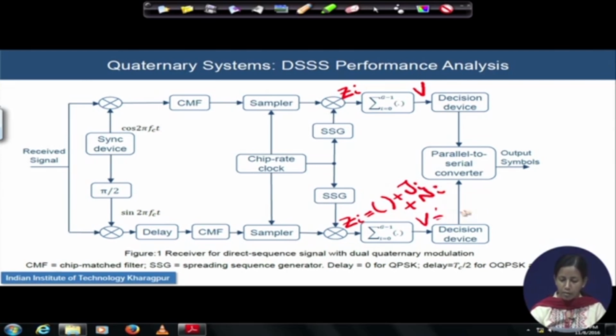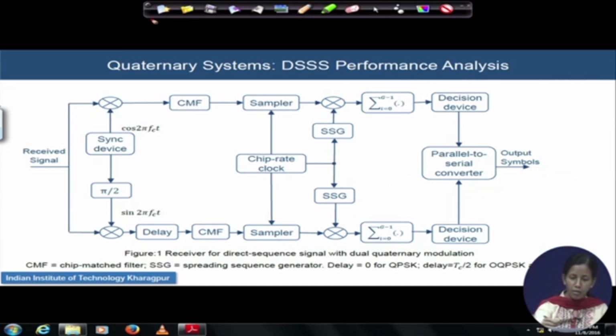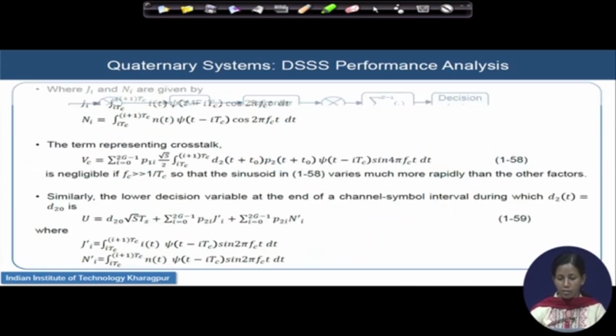And inside V_1, the corresponding terms are the signal part, the jamming part and the noise part. The corresponding expressions for J_I and N_I we will recall from the previous understanding.